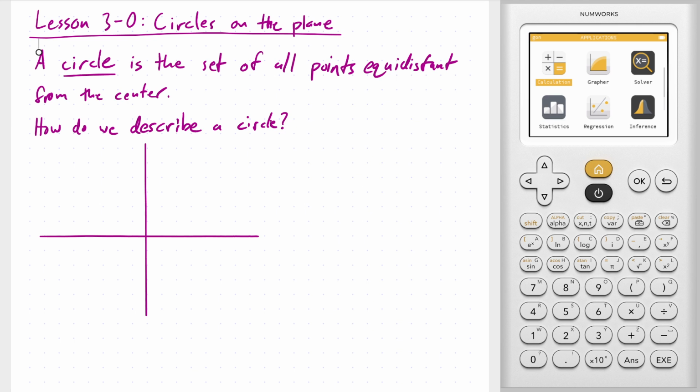Okay, and what I'm going to do is draw a right triangle. So I'm going to count out 4 spaces, 1, 2, 3, 4 here, and 3 spaces up, so that's right there. And that will give me this point right here. Let's go ahead and draw in this right triangle.